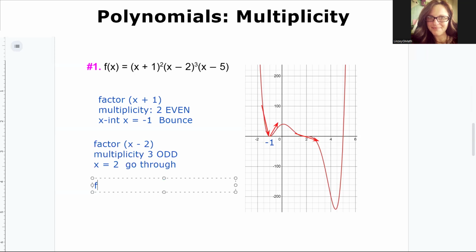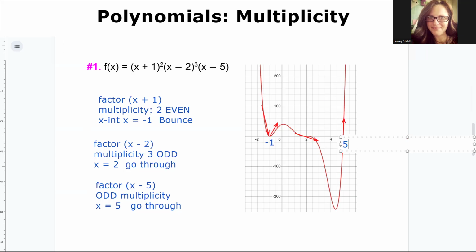And the last factor, x minus 5, has an odd multiplicity, a degree of 1. So at the x-intercept, x equals +5, the graph will go through the x-axis to the other side. And there it is, the graph goes through to the other side at 5.